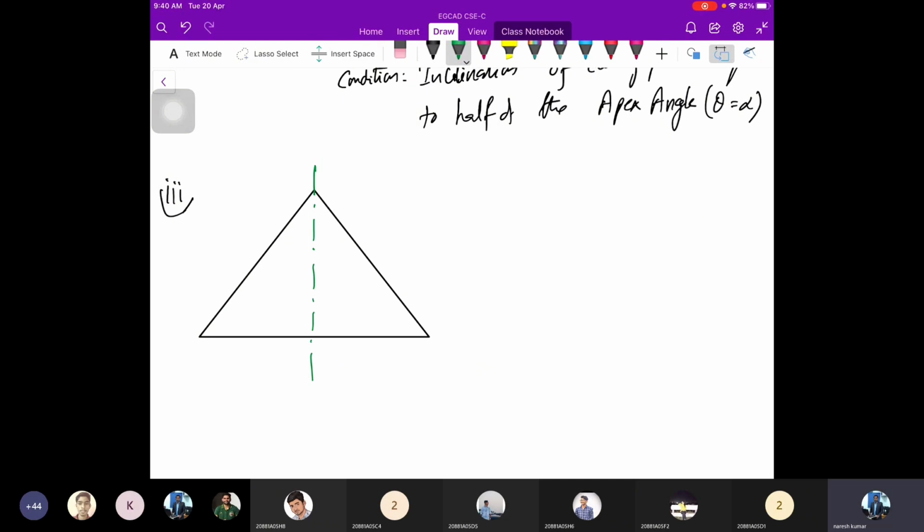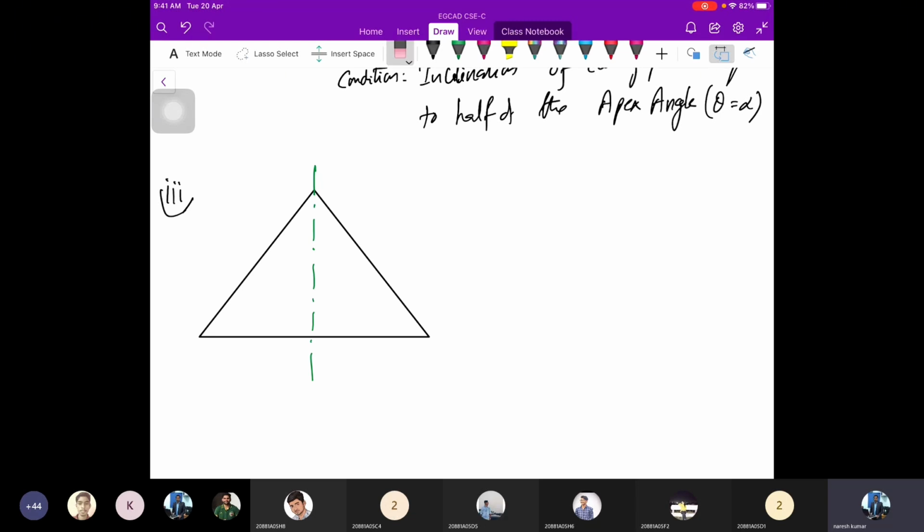And we have a cutting plane. Here the condition is: theta greater than alpha. If theta is greater than alpha, we are getting an ellipse.